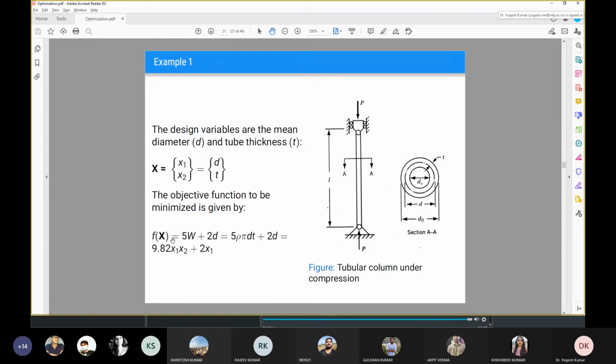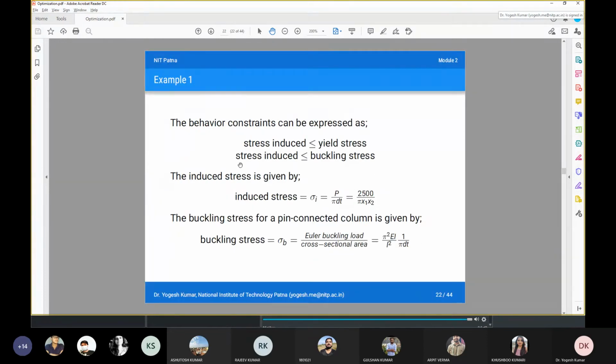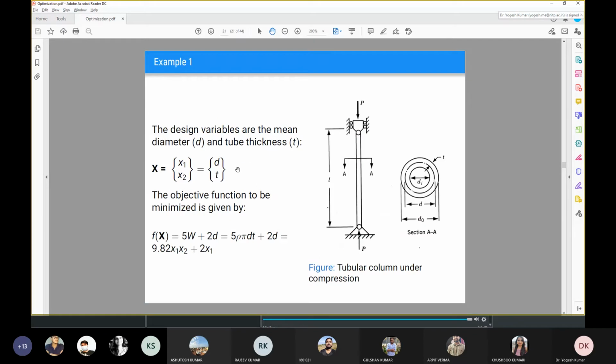We knew the objective function, the design variables, and the constraints related to this problem. So for any optimization problem, you will have a certain objective function, certain constraints, and certain design variables. These three things are very important if you want to optimize a certain objective function using engineering optimization techniques.